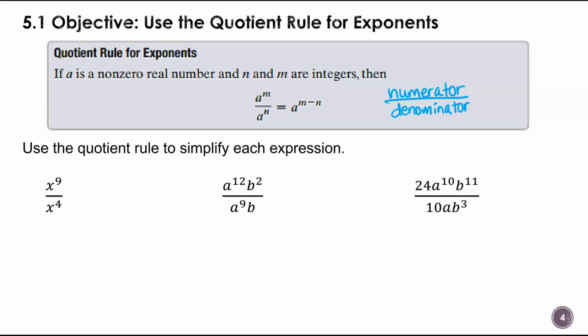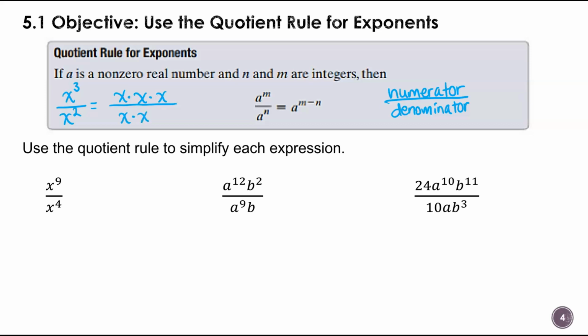I'm going to use a version of this, but not such big exponents. What if we were taking x to the third and dividing it by x squared? If I put this in expanded form, I have x times x times x, and in the denominator it's x times x.